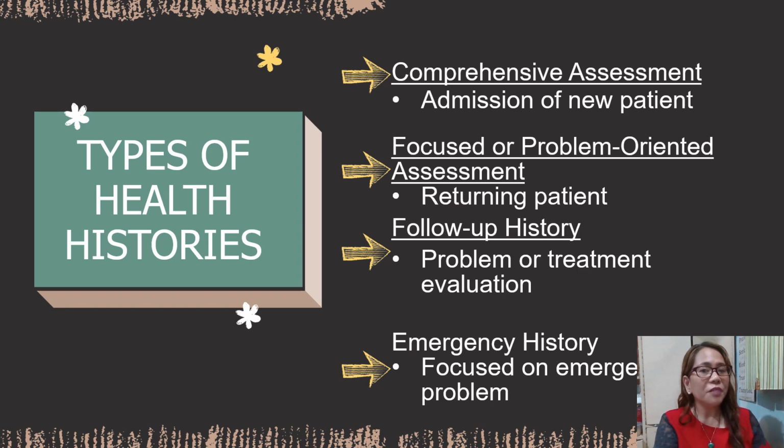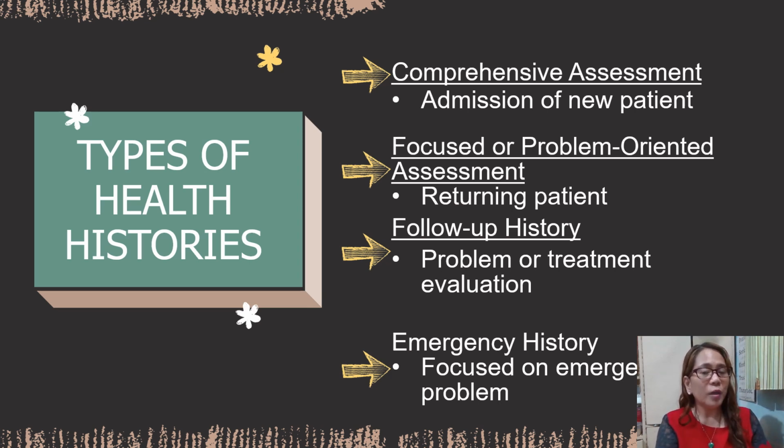So there are four types of health histories. How much data to gather depends on the purpose of your patient encounter. For example, in the admission of a new patient in the clinical setting, could be in the hospital, like in the emergency department or the outpatient department, or could be in the health center.